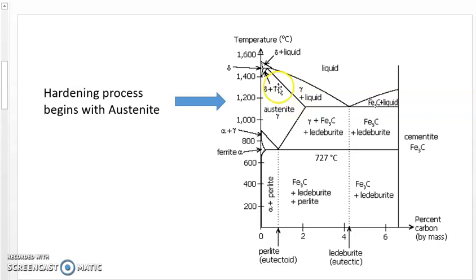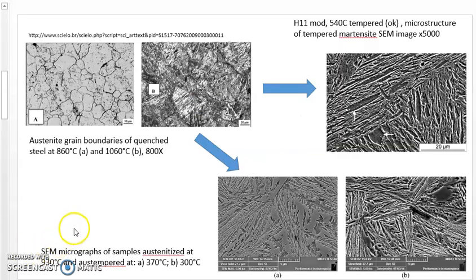Well, in steel, the process always starts with austenite, always, and after cooling passes to other structures. For example, if you anneal a sample, the grain boundaries diffuse into one another and can disappear. But if you quench a sample, the boundaries are retained, small grains.